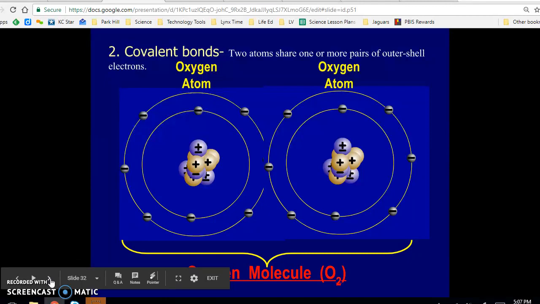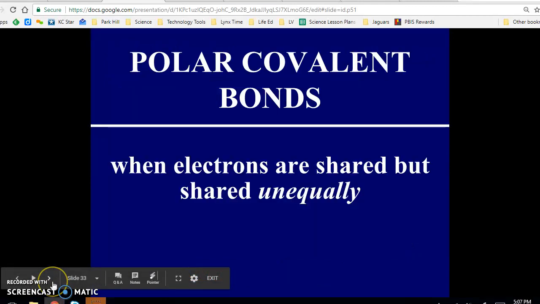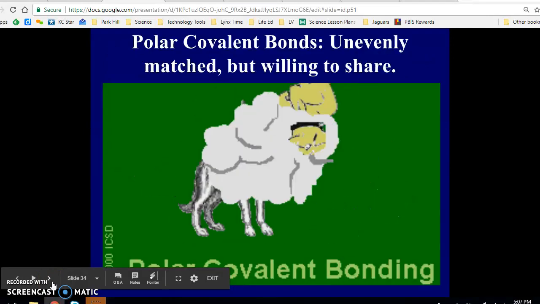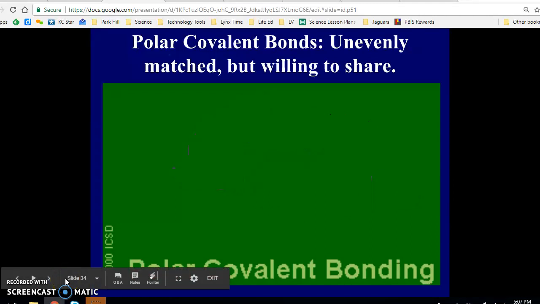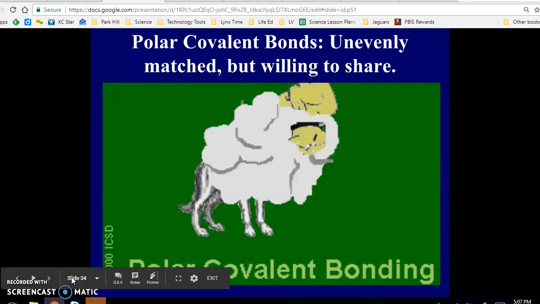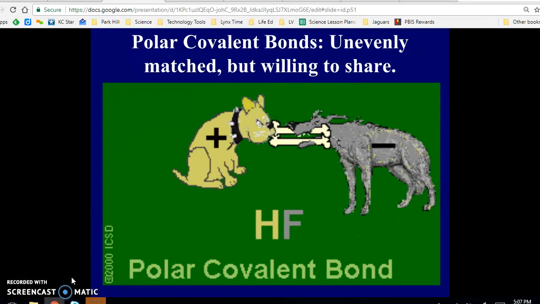This is another picture of a covalent bond between two oxygen atoms. And this is the not very good animation showing the two dogs basically in a tug of war, but they both share those bones, which are supposed to represent the valence electrons.